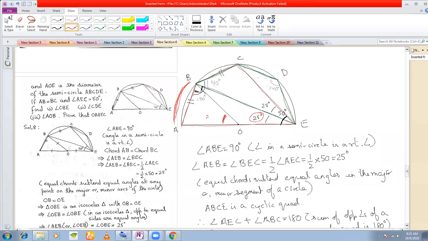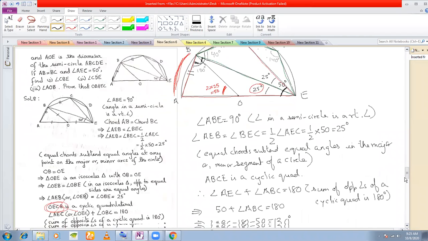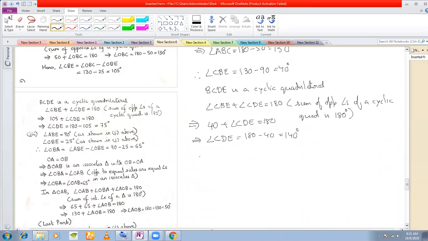So this angle must be just double, 2 into 25, which is 50. Understood? Vivek, you understood? Yes, sir. Okay. Angle AOB is twice angle AEB.